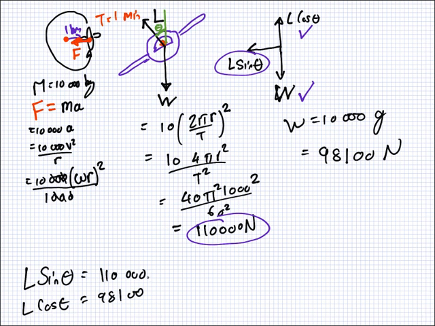Now, does anyone know how to combine these two equations so we can get the theta? Divide. L divided by L cancels. Does anyone know sine divided by cos, what that makes? Tan. Tan theta equals 110,000 over 98100.